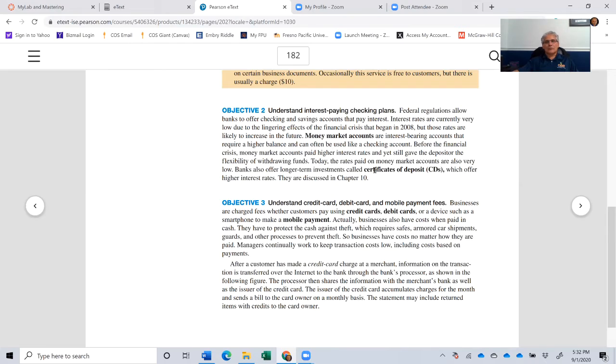And then we also have what's referred to as certificates of deposit, or CDs, which are really time deposits. You are making a cash deposit with the bank with a commitment that you're not going to touch that money for a specified period of time. Usually it could be as little as 30 days, 60 days, 90 days, 6 months, maybe even a year.